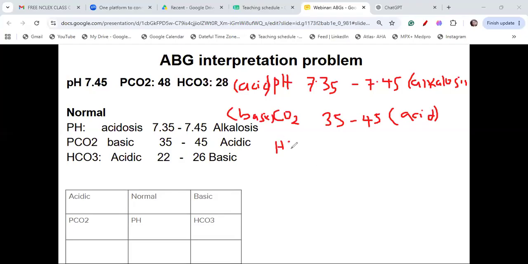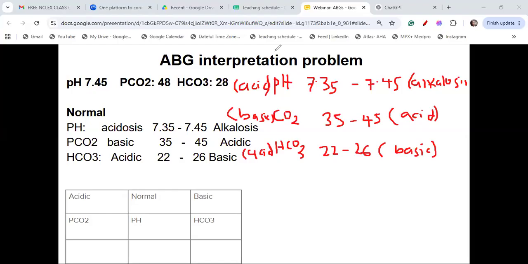And then you have the bicarbonates, that is 22 to 26. On this side, it is basic, whereas on this side, it is acidic.